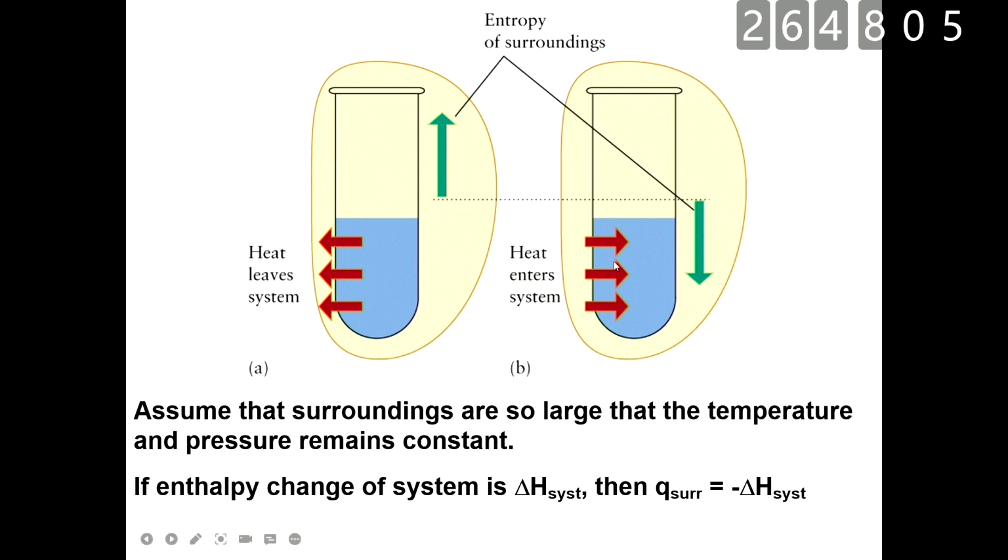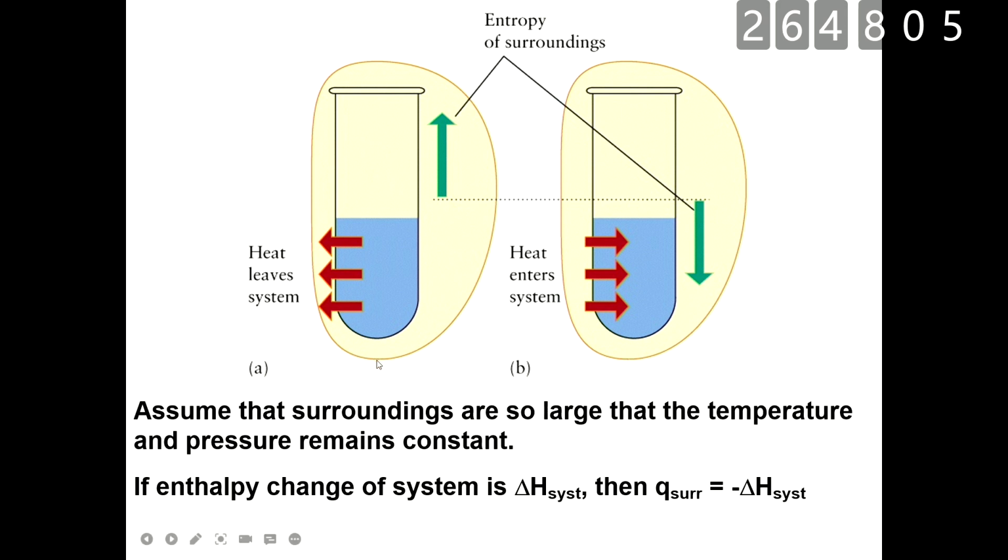In this other case, the surroundings provide heat to the system, so its entropy decreases. Assume that the surroundings are so large that the temperature and pressure remain constant.